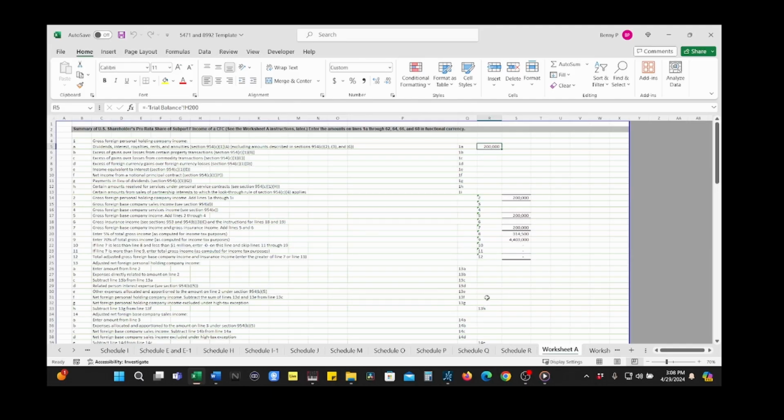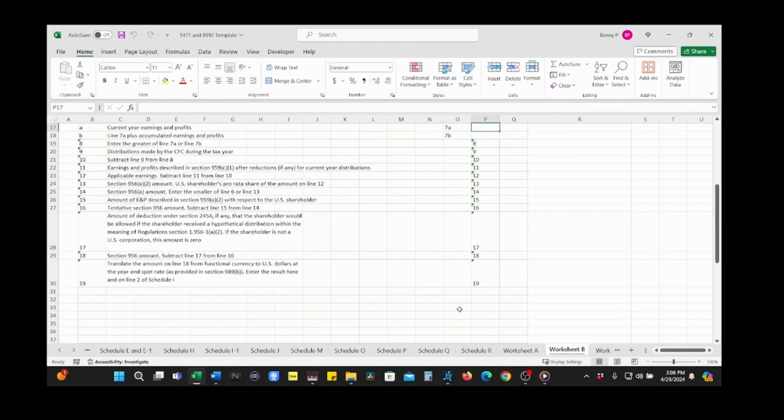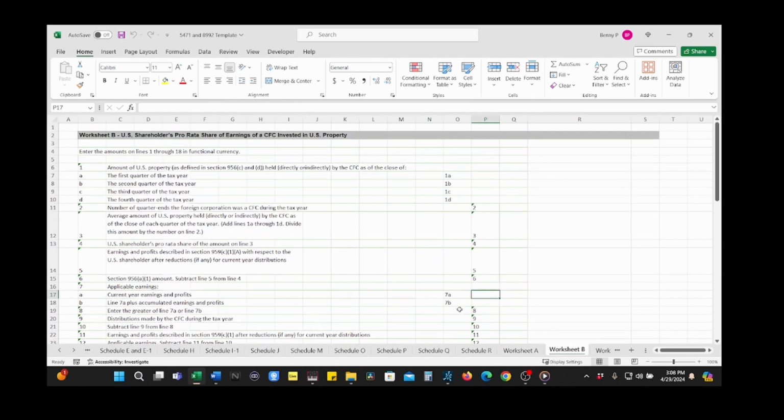Moving on to Worksheet B, I mentioned before on Schedule M that if there are amounts on line 33 and 34, you have to find an exception to the deemed dividend under Section 956 and the regulations thereunder. If you cannot find an exception, such as the 30 or 60-day safe harbor rule, you have to go through the full calculation, which I've included here in the workbook.